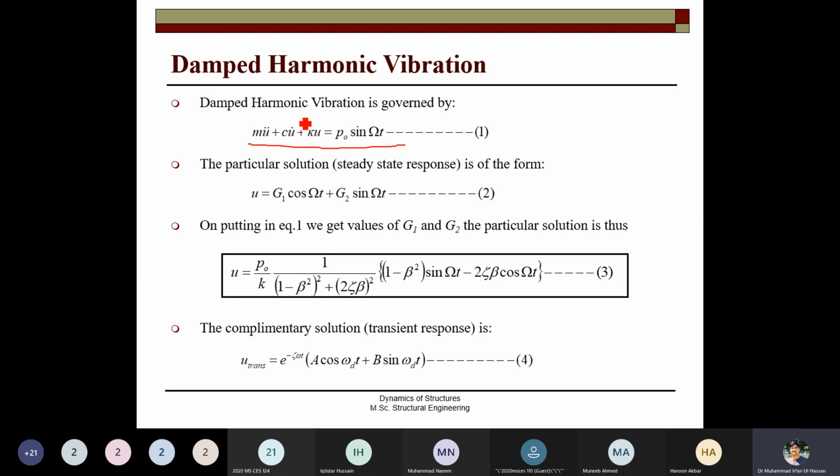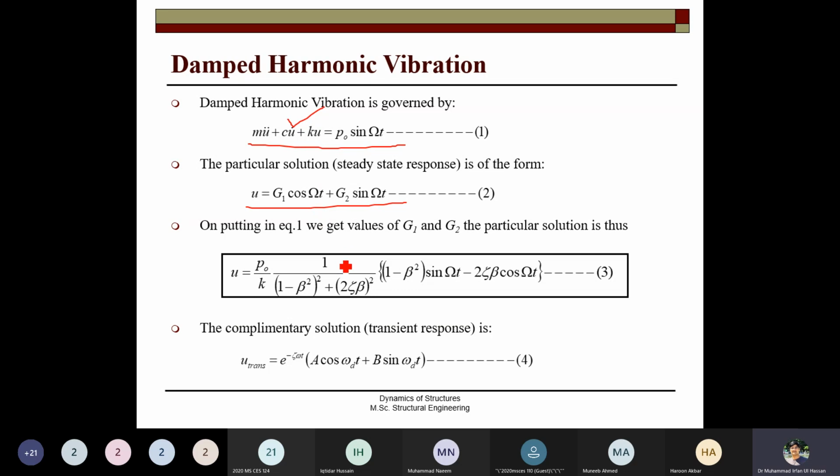You can write C is present now, and this solution can be written in this term because now the system is damped. The relationship will come from the damped free vibration, because the previous relationship was from the undamped; now it is a damped system, so U can be represented like that.